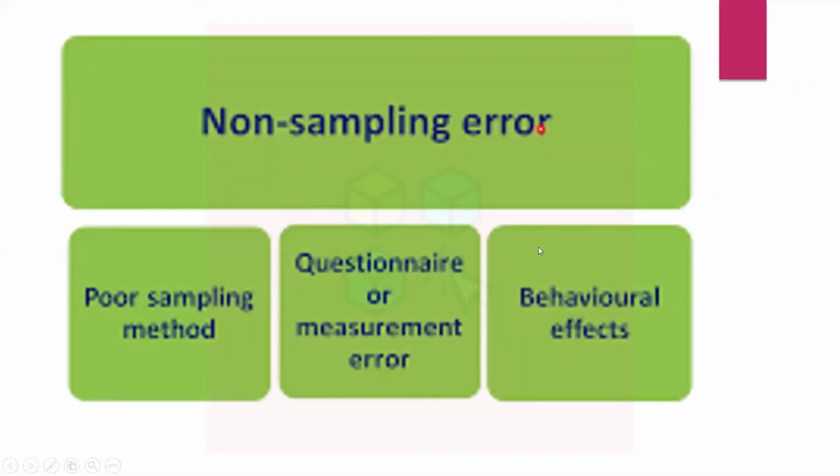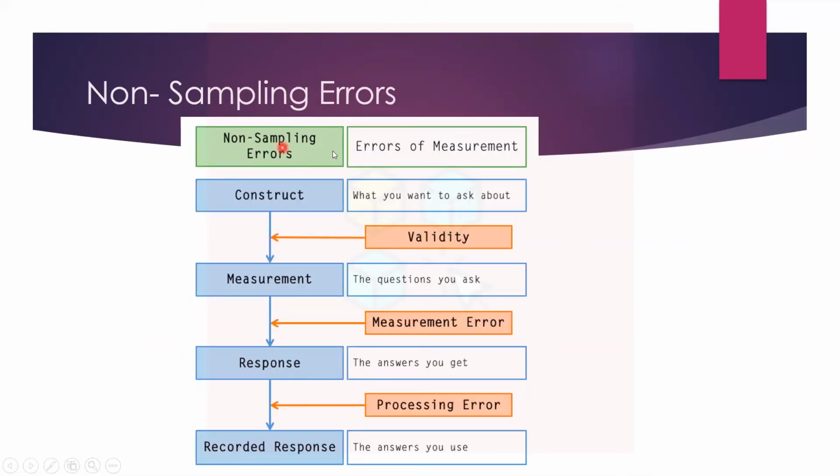Non-sampling errors are due to behavioral effects, the questionnaire or measurement error, or sometimes are referred to as poor sampling method. Non-sampling errors are also called errors of measurement.